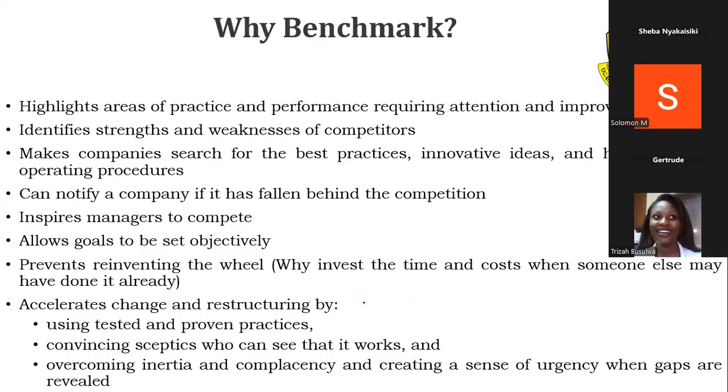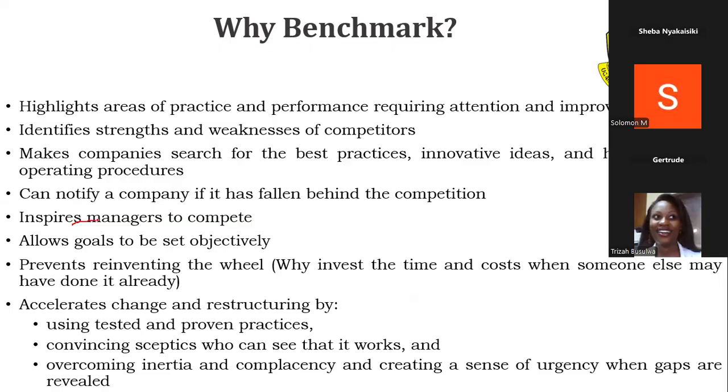The company also searches for the best practices and then is led to innovative ideas and highlighting operational procedures. It can help the organization know where it has fallen behind with regard to the industry. It inspires managers to compete and also see where things can be improved.